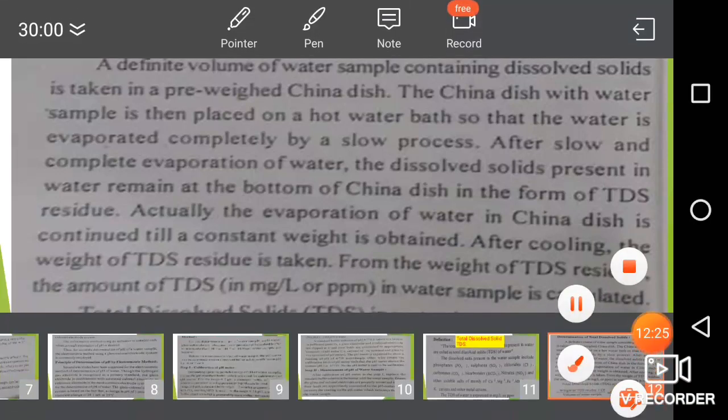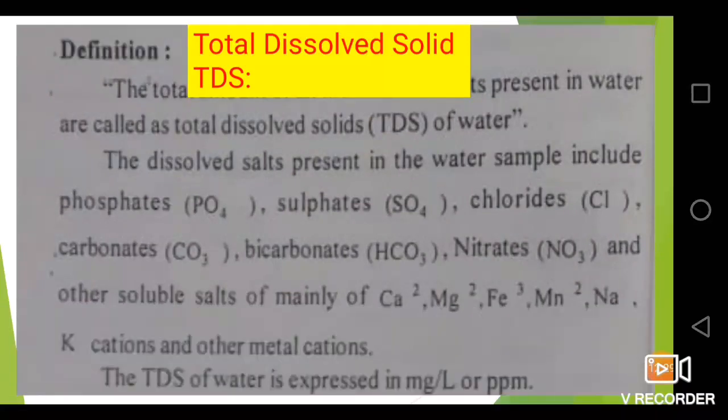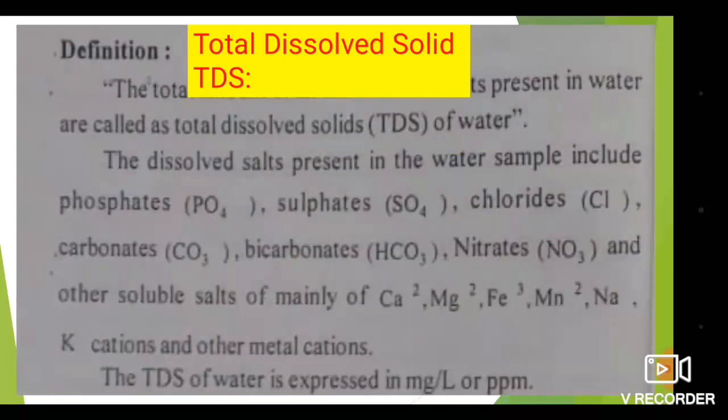Then the next one is the measurement of total dissolved solids of a water sample. TDS is nothing but the total dissolved solids, or salts, present in the water.